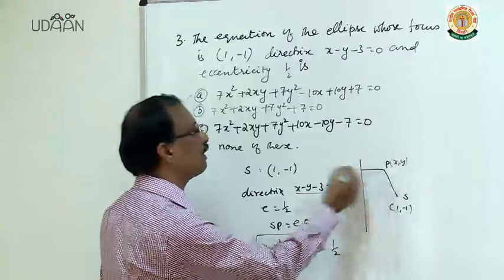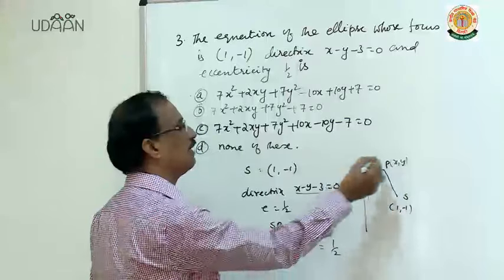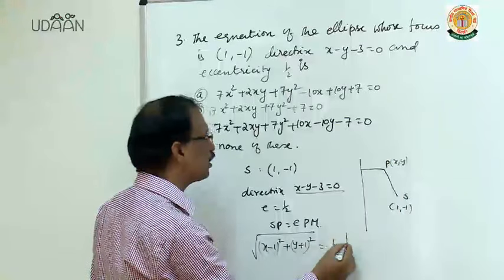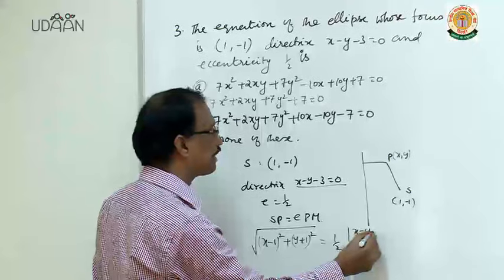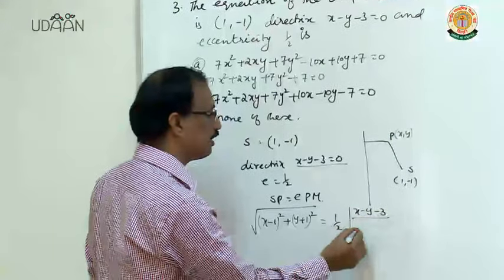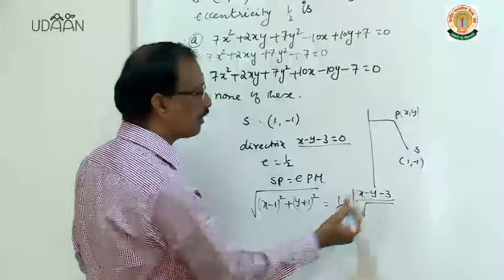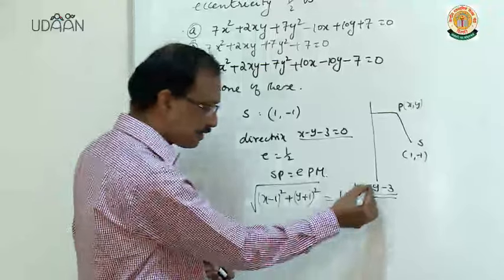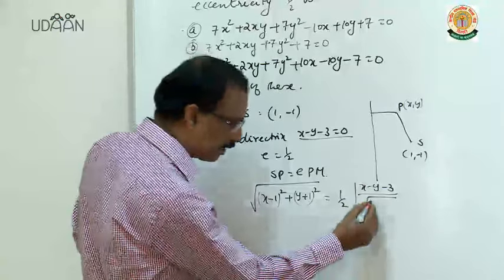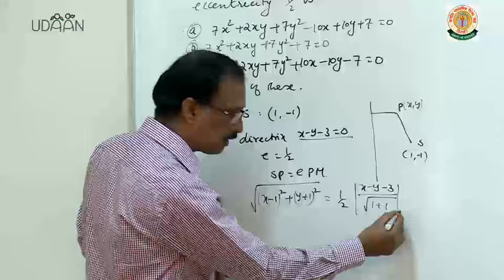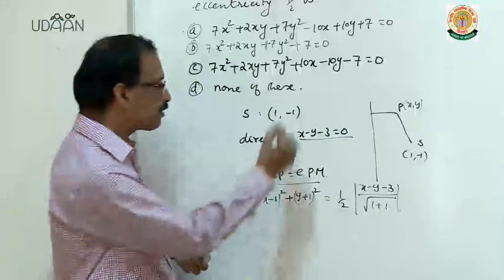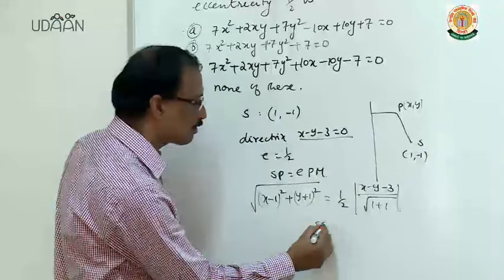Then PM, the distance of this line from this point, is modulus of x minus y minus 3 divided by the square root of a square, that is 1 square, plus b square, that is minus 1 square, so 1 plus 1. Now to remove the square root, square it.